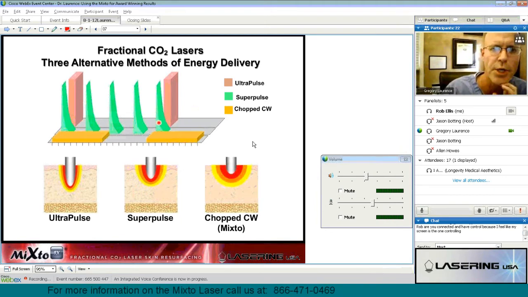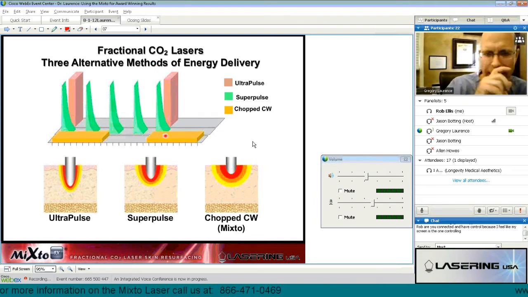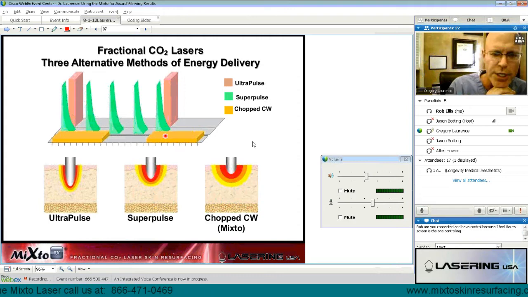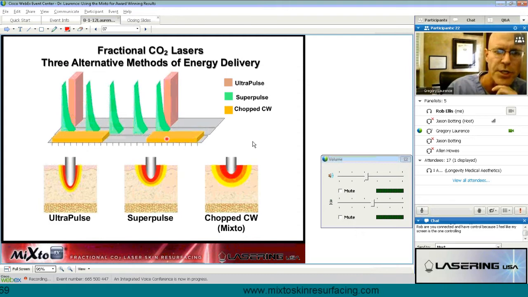Anyway, so back to the ultra pulse and the super pulse. The difference historically between going from a super pulse, which was, I don't understand all the electronic technology behind the generation of the beam, but the technology didn't allow us to turn off and on immediately like ultra pulse did.